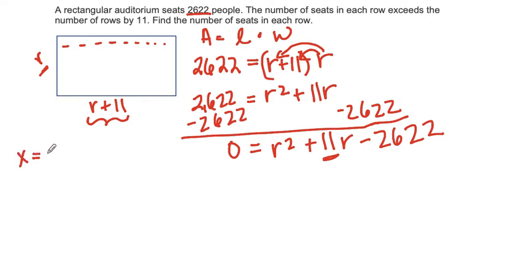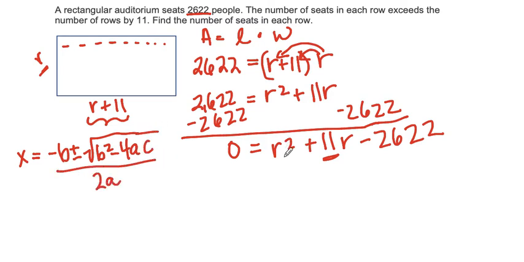That is x equals negative b plus or minus the square root of b squared minus 4ac, all divided by 2a. The number in front of R squared is a, the number in front of R is b, and this one is c.